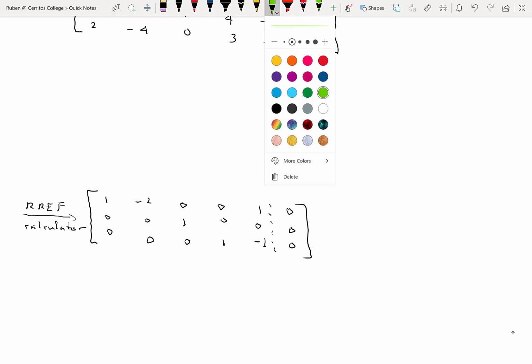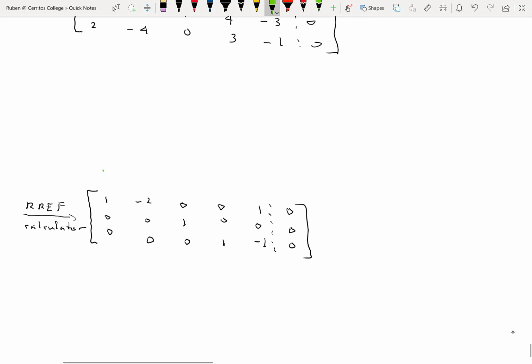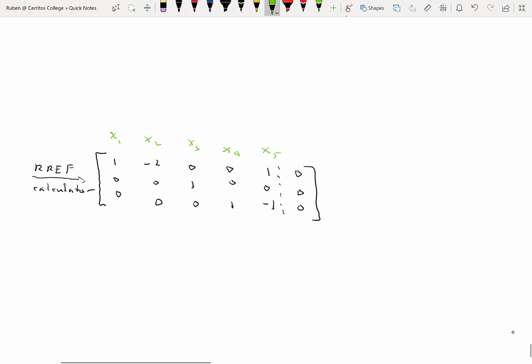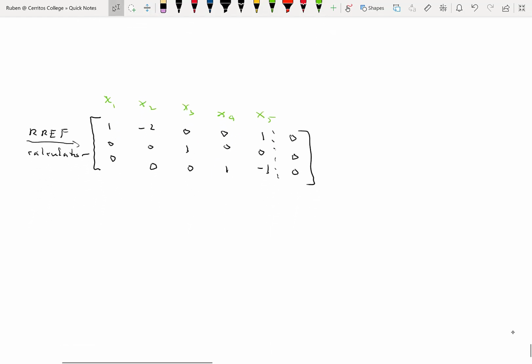Most of the columns correspond to the variables x1, x2, x3, x4, x5. Interesting to note is that no matter what elementary row operations you use on a matrix that corresponds to a homogeneous system, that last column is never going to change. It's always going to be zeros.